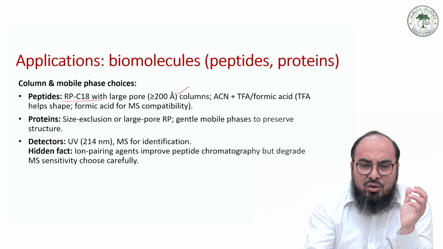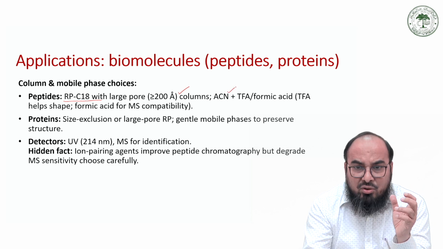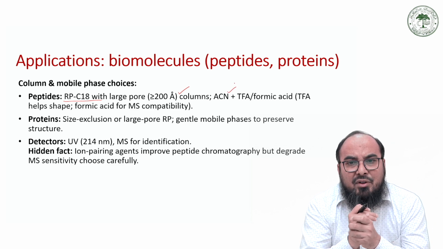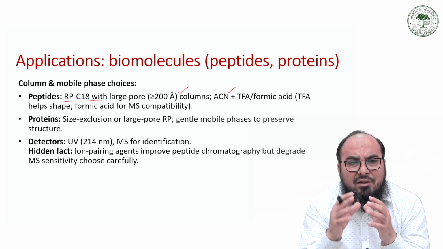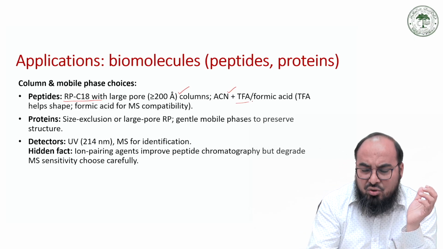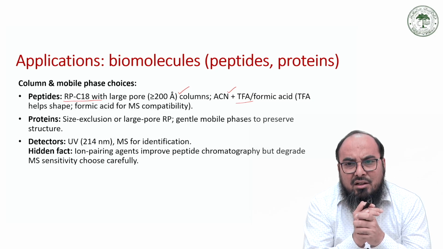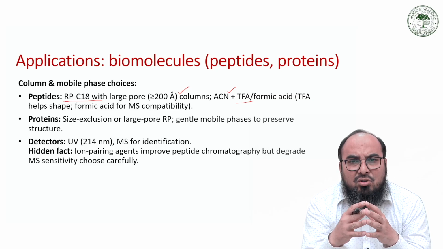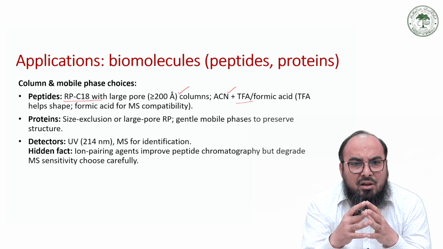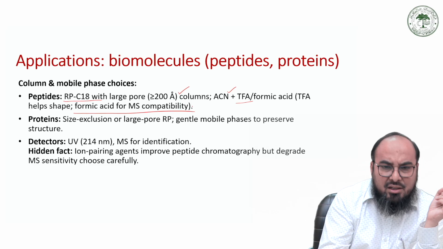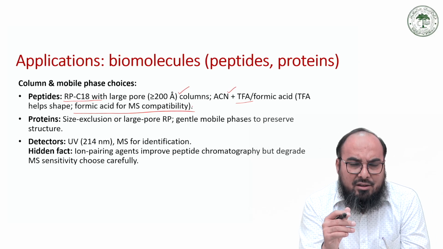Because of the large size, you need solvents which have lesser viscosity. Similarly, you use TFA, trifluoroacetic acid, or a formic acid combination, so that you can have a better peak shape. And formic acid is compatible with your mass detector.